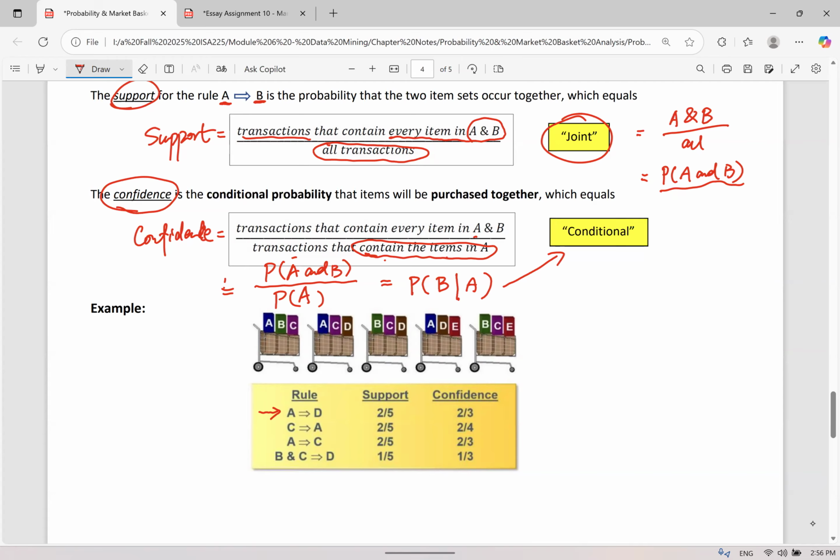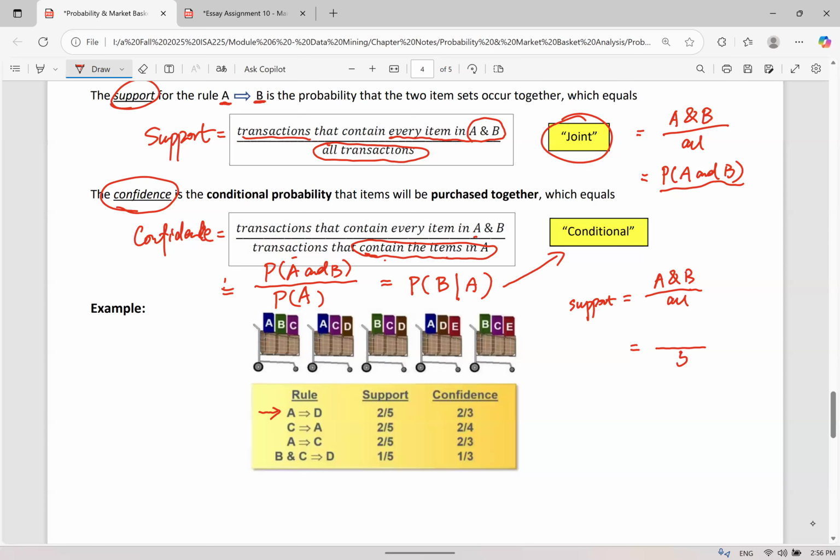How do we calculate the support? We say the support is just a joint probability, so it's A and D divided by all the transactions. In this case, if we are calculating the support, we want to know how many transactions we have in total.